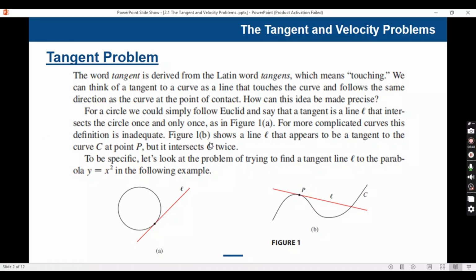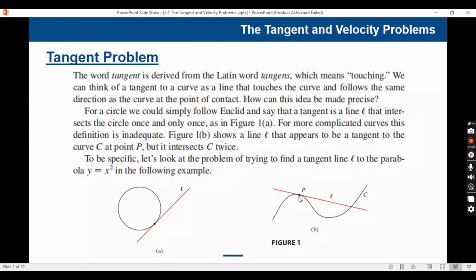For example, figure 1b. We have this graph, and you can see that this is a tangent, but it doesn't follow our previous statement that it only has to intersect once and only once. It doesn't, because we can see that it intersects twice, but we are calling it a tangent.